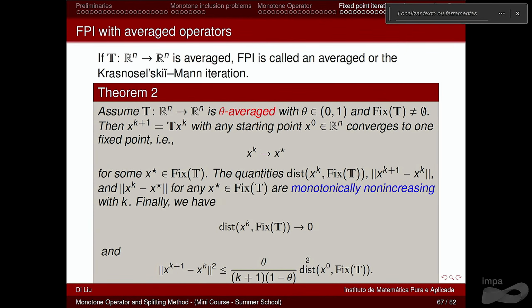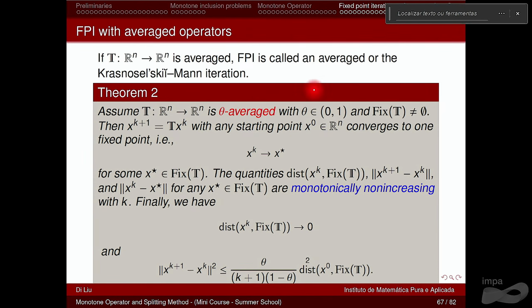So let's go to the main algorithms in the first slide. We talked a lot about averaged operators, but why does the fixed point iteration converge with an averaged operator?